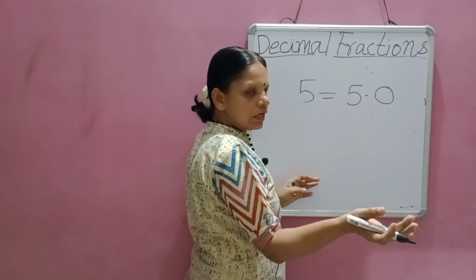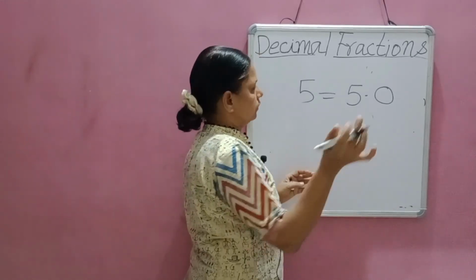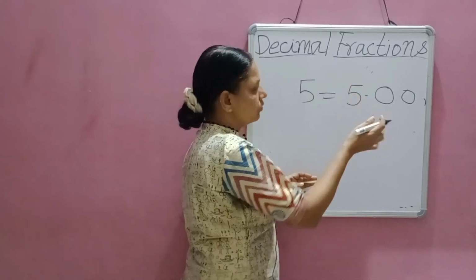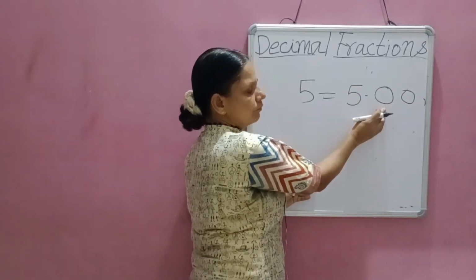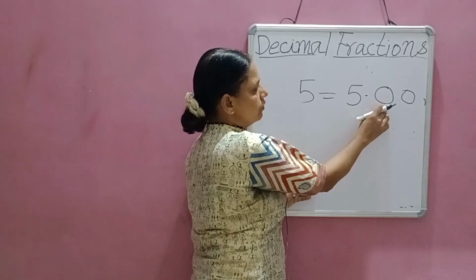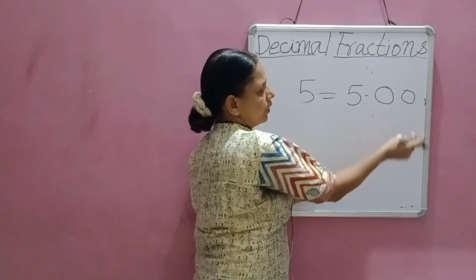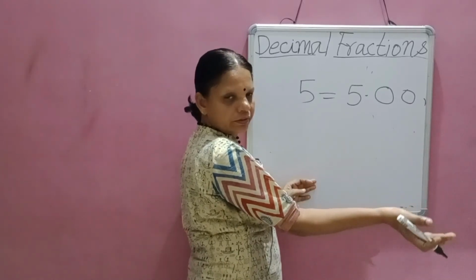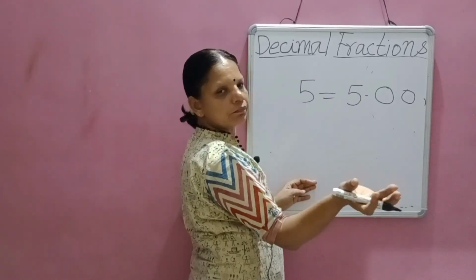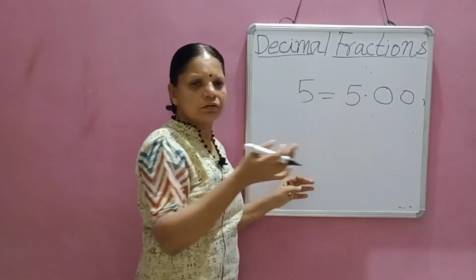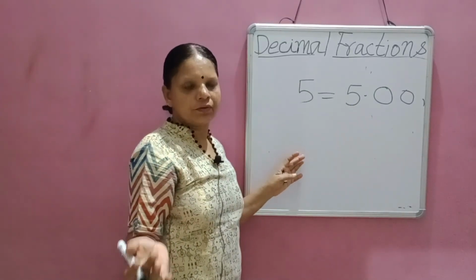No change in the value of the number, because when you compare place values, it will be 0 upon 10, 0; 0 upon 100, 0. Clear? 0 divided by any number is 0. So we can write any number using the decimal point.